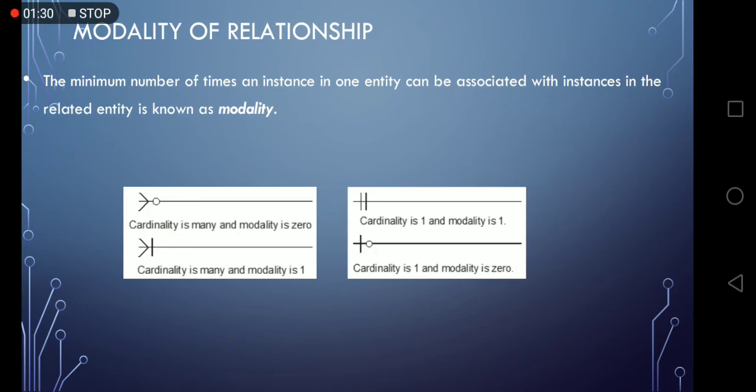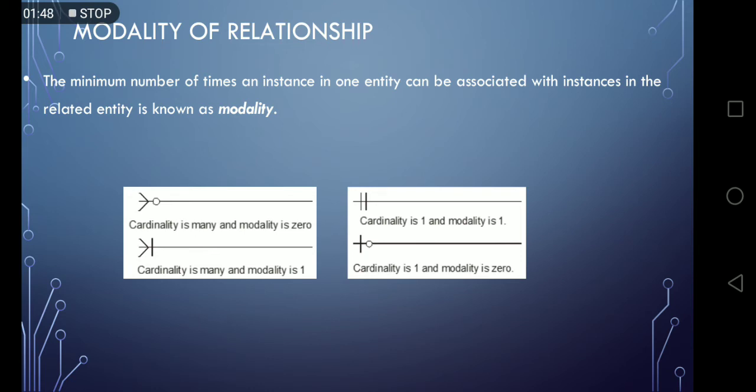Modality of a relationship. The minimum number of times an instance in one entity can be associated with an instance in the related entity is known as the modality of the relationship. Modality can be 0 or 1.